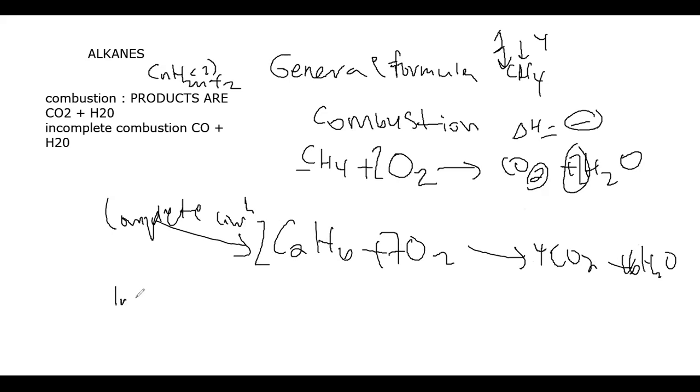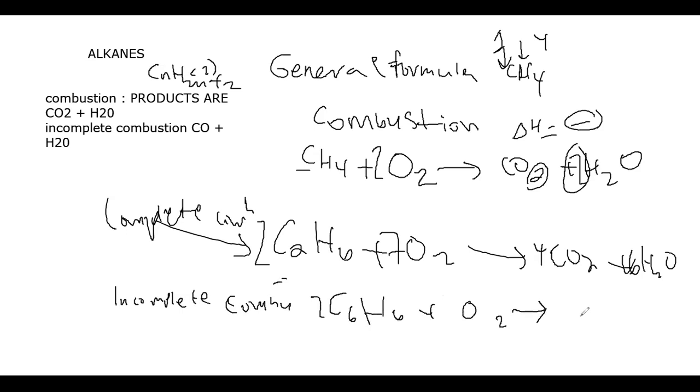Incomplete combustion doesn't have sufficient oxygen. So if I put C2H6, ethane, plus oxygen, it's incomplete, so it's going to produce carbon monoxide plus water. We know carbon monoxide is a very toxic gas.